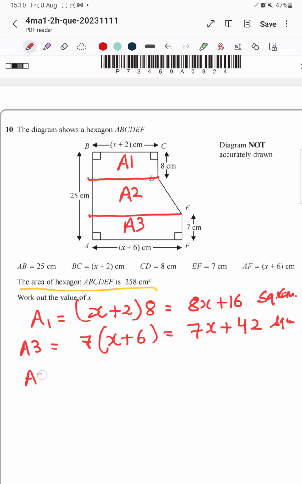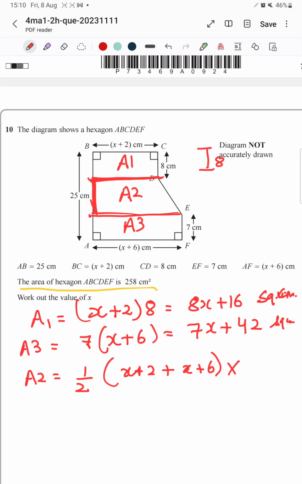To find A2, this is a trapezium, and trapezium area is half of the sum of parallel sides. So one is this side, which is x plus 2, and then another is this one, which is x plus 6, times the height. So this height we have to calculate. Now this is 8, this is 7, and this total is 25.